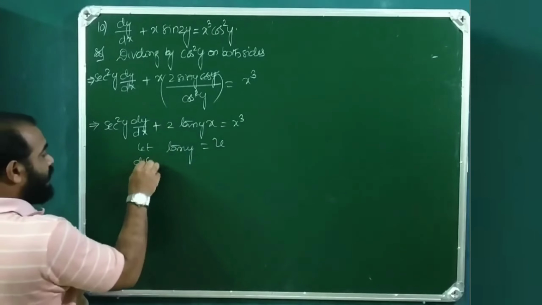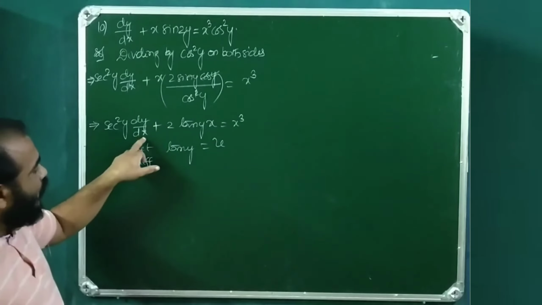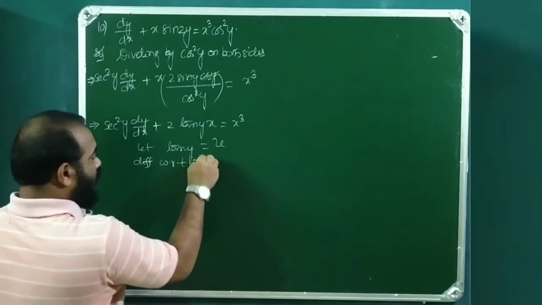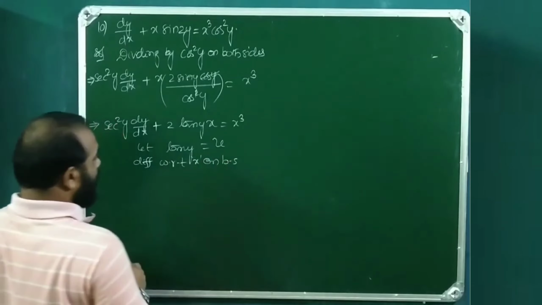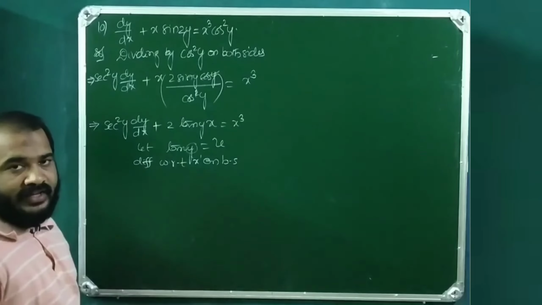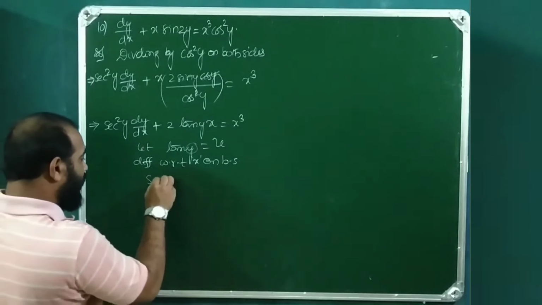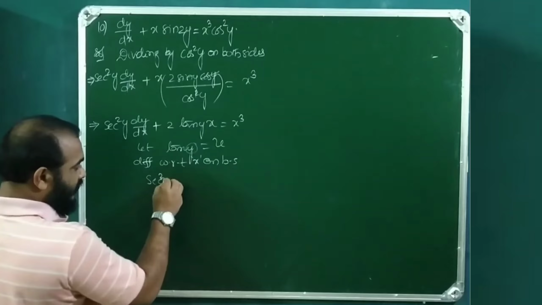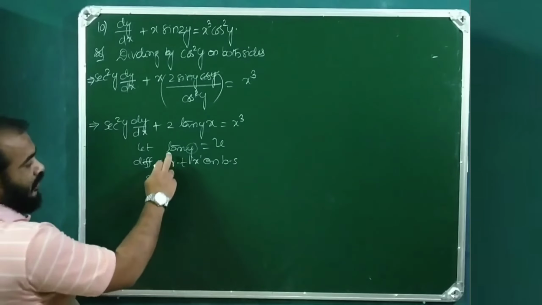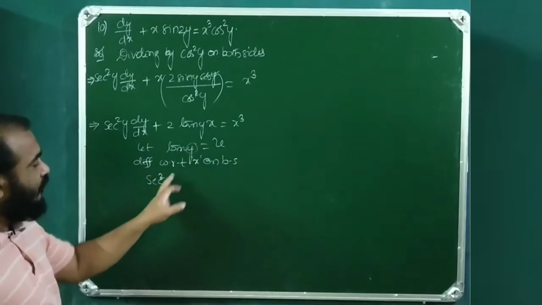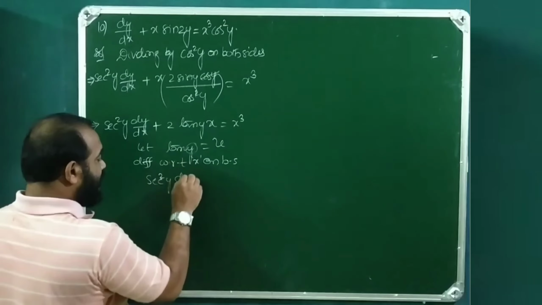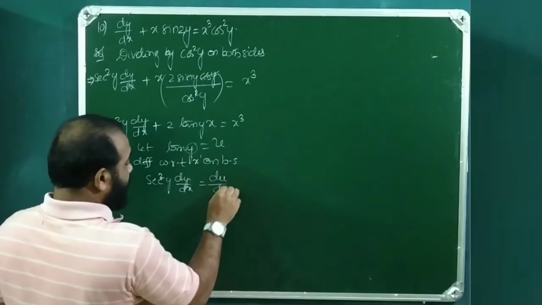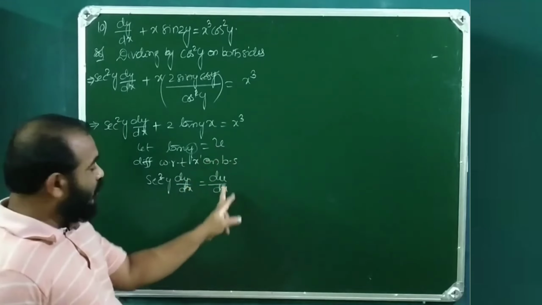So differentiating this with respect to x on both sides. So let us suppose this y to be x. d by dx of tan x is secant square x. So secant square y, in the place of x, y, into y with respect to x is dy by dx, is equal to du by dx. Differentiating u with respect to x, du by dx.